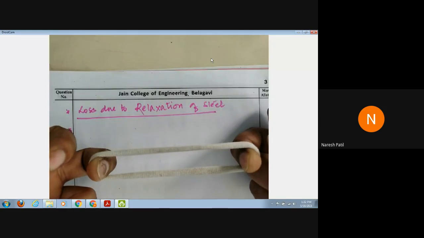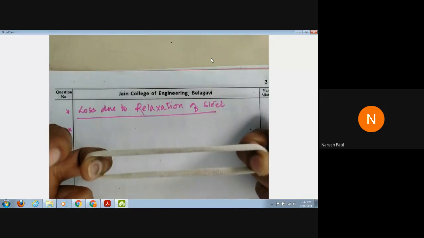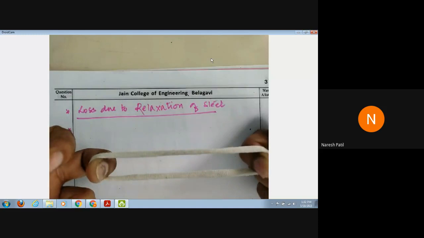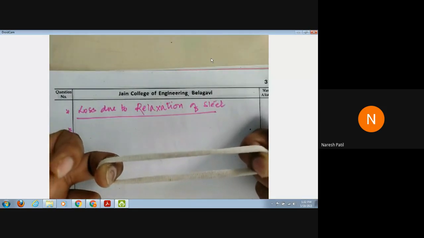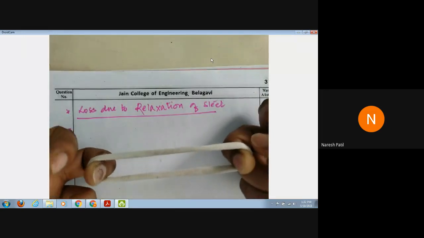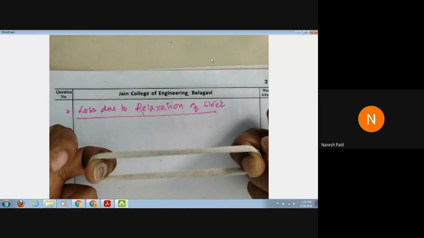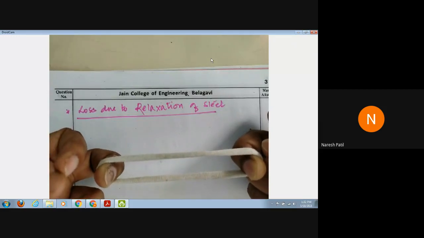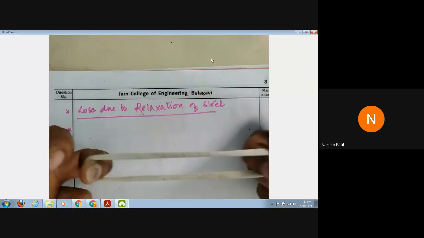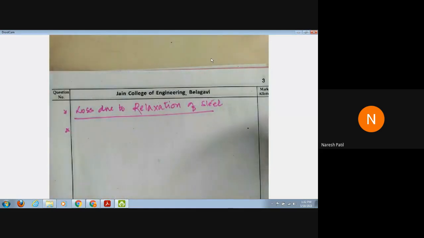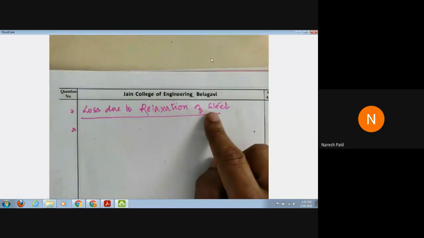तो क्या होगा? The tendon may elongate due to its properties, or the steel may also go creep, because the load is for longer duration. So because of that, what will happen? Which leads to relaxation of steel. That is called as loss due to relaxation of steel. समझ में आ रहा है आपको?